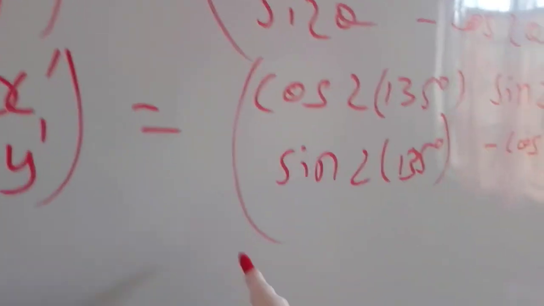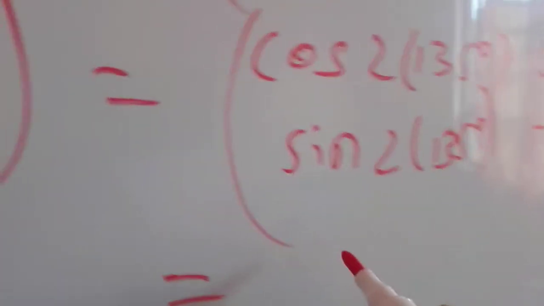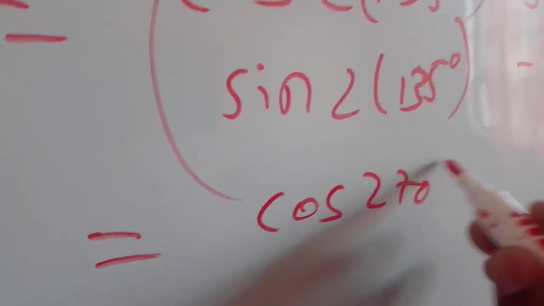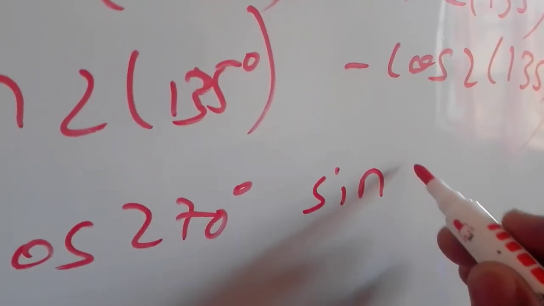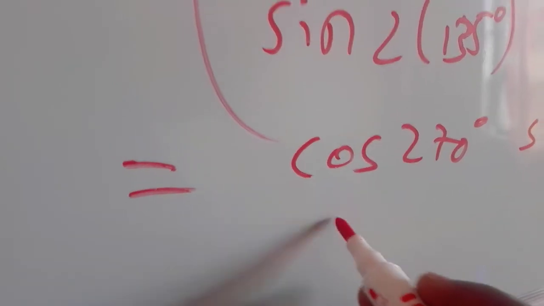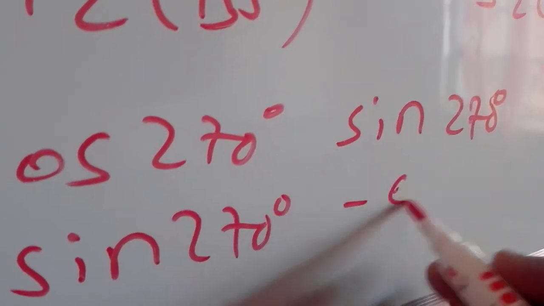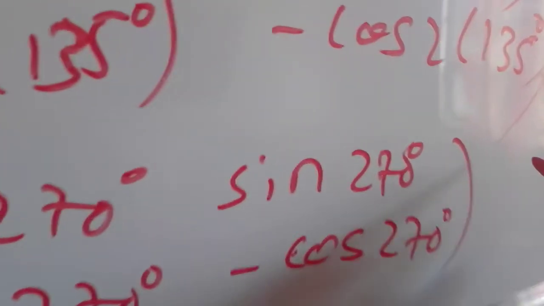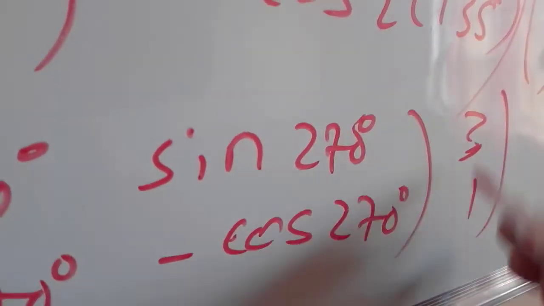Okay, 2 times 135 is 270. It will be cos of 270 degrees, sin of 270 degrees, sin of 270 degrees, negative cos of 270 degrees, times the column matrix (3, 1).